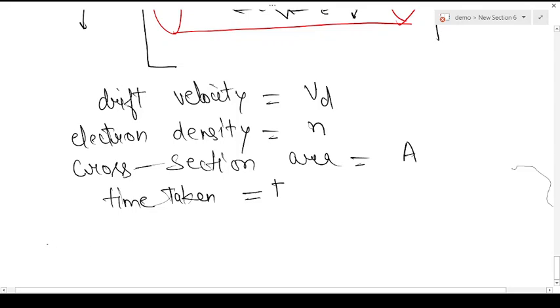So the charge flowed, let's say it is Q.